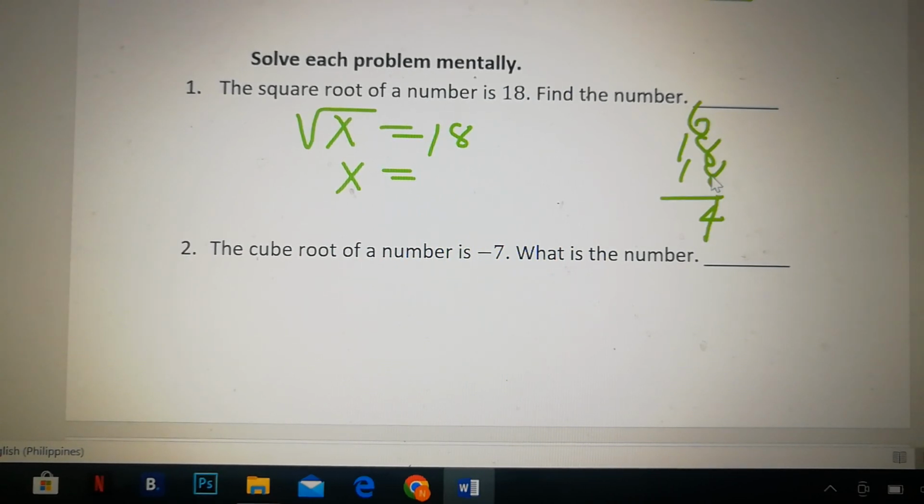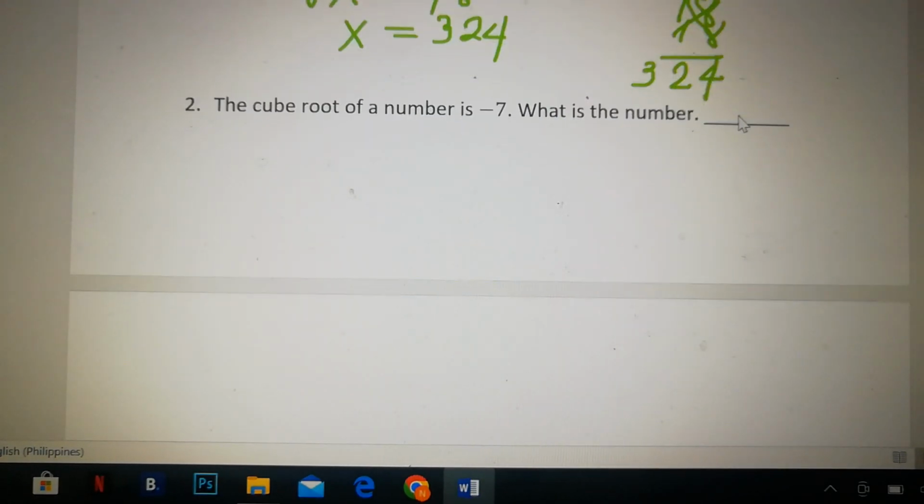Carry 6. 8 plus 8, 16, plus 6, 22. Carry 2. 1 times 1, 1 plus 2 equal to 3. The answer is 324.